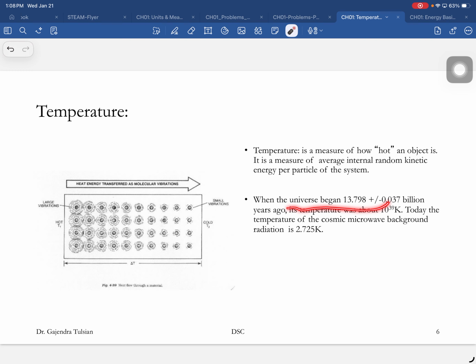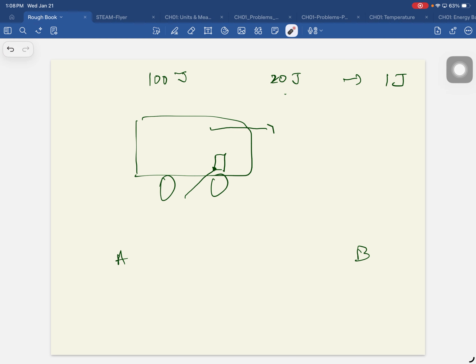All right, so when the universe began 14 billion years ago, the temperature was about 10 to the 39 degree Kelvin. Today we are bathed in a cosmic microwave background radiation. This is microwave radiation.